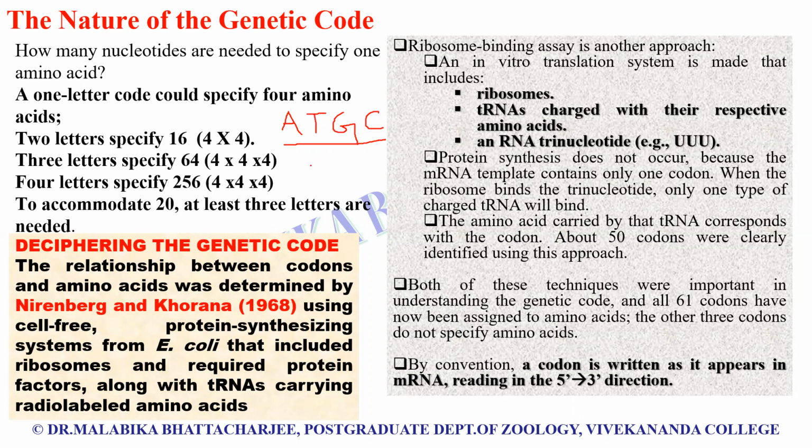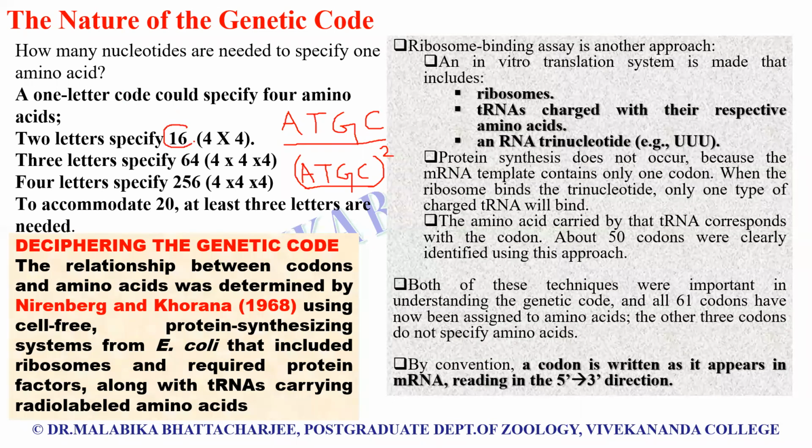The basic idea was that if I take all the four bases and consider combinations of any two, AT, TG, GC, CA, TC, so combination of any two, 4 into 4 gives 16.